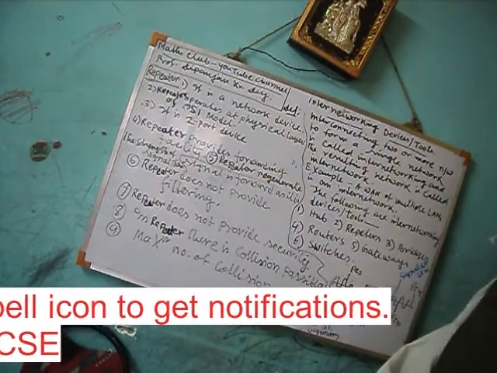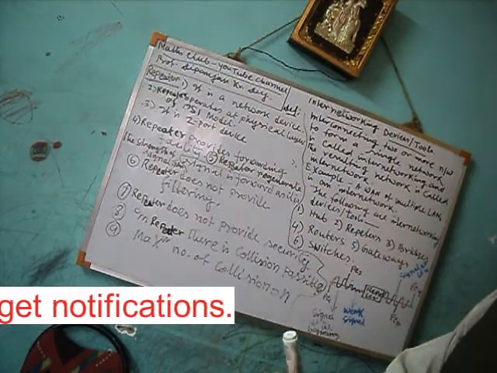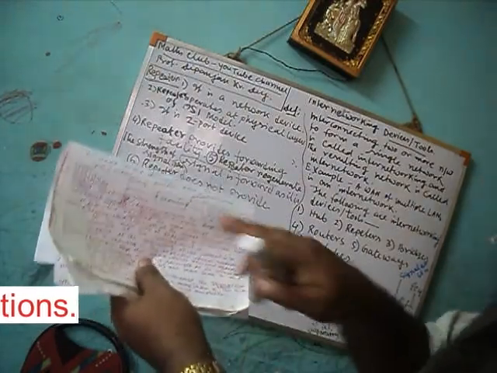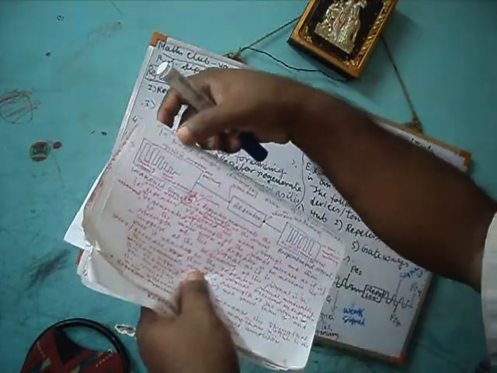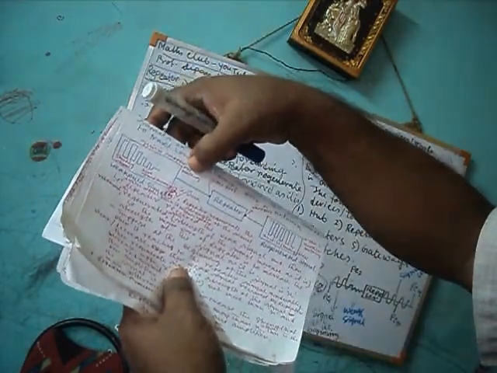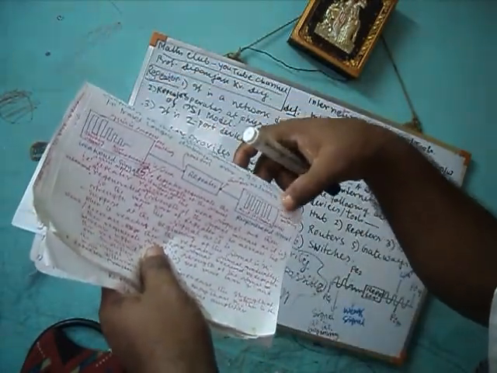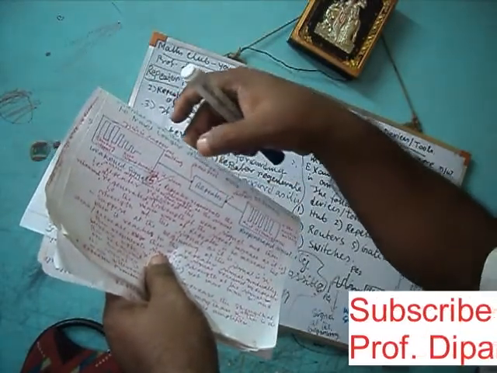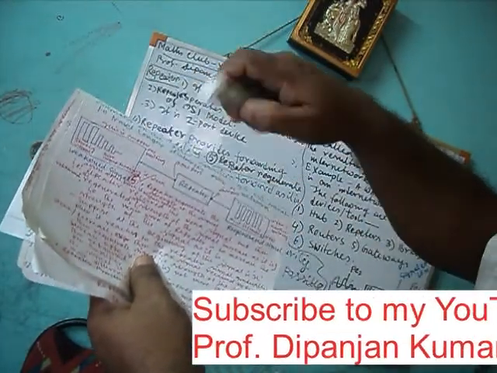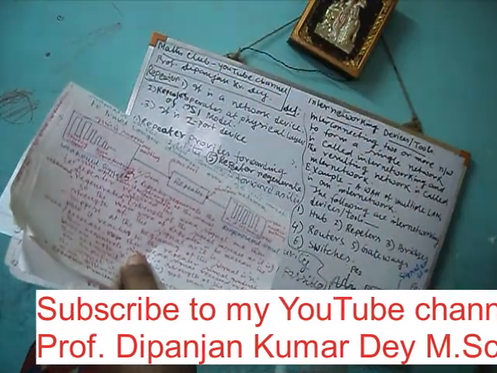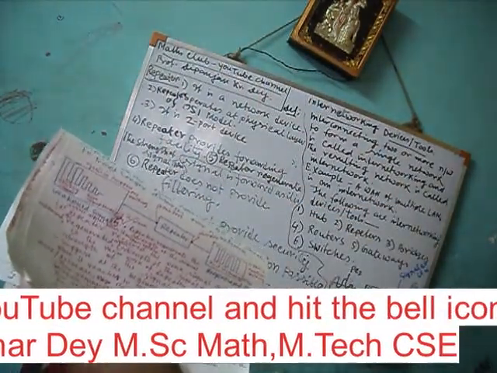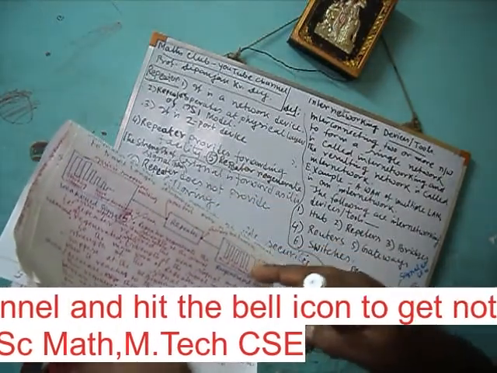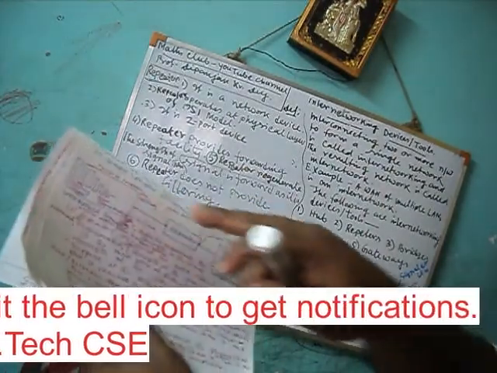And if you see the figure in my notes, this is a repeater. This is suppose one building and this is another building. This is one port, this is another port. The repeater connects two buildings.